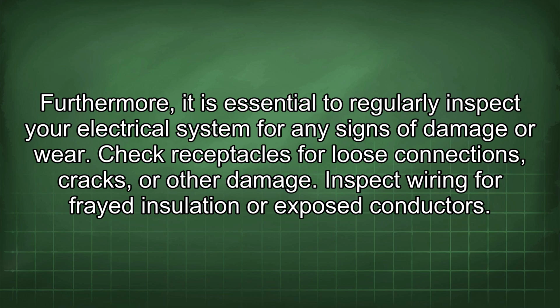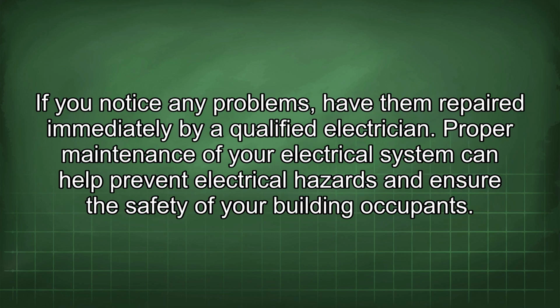Furthermore, it is essential to regularly inspect your electrical system for any signs of damage or wear. Check receptacles for loose connections, cracks, or other damage. Inspect wiring for frayed insulation or exposed conductors. If you notice any problems, have them repaired immediately by a qualified electrician. Proper maintenance of your electrical system can help prevent electrical hazards and ensure the safety of your building occupants.